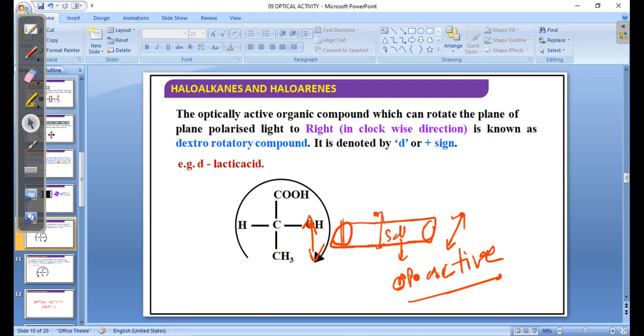If it is rotated anti-clockwise, that is levorotatory. Dextrorotatory is denoted by D and a plus sign, or small d and a plus symbol. See here, D lactic acid means this lactic acid rotates light in the clockwise direction.